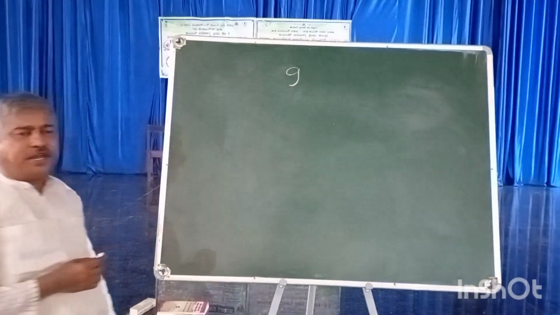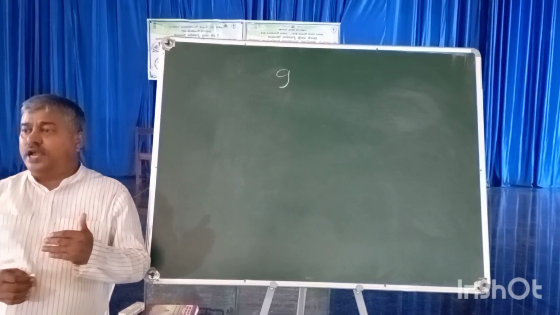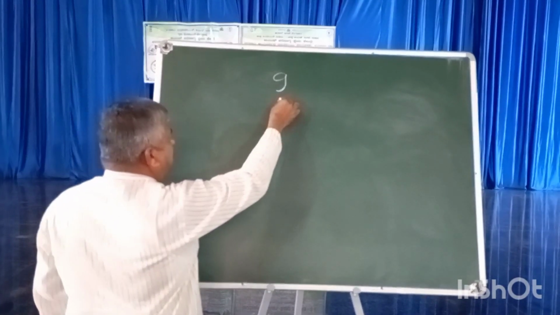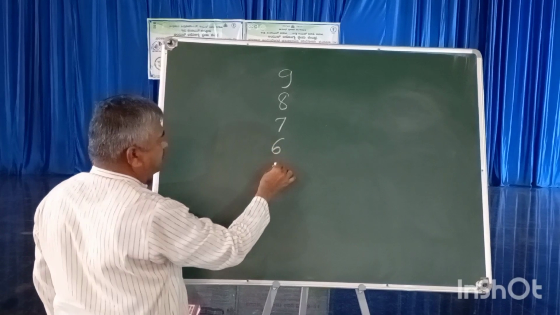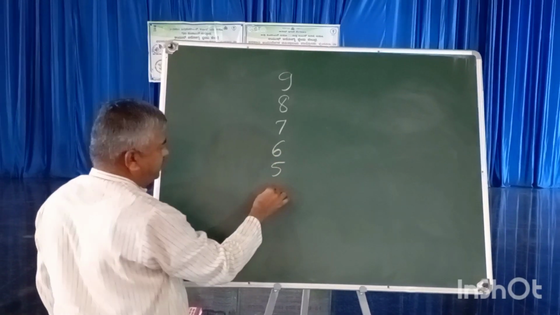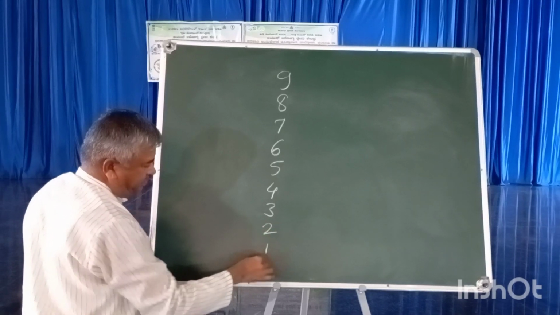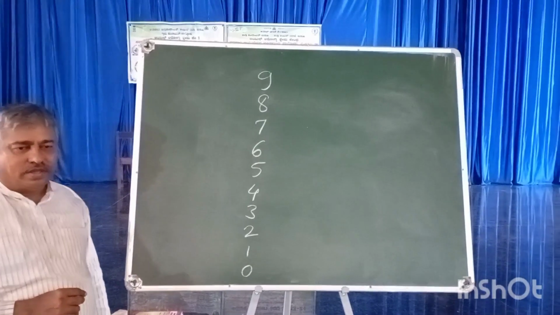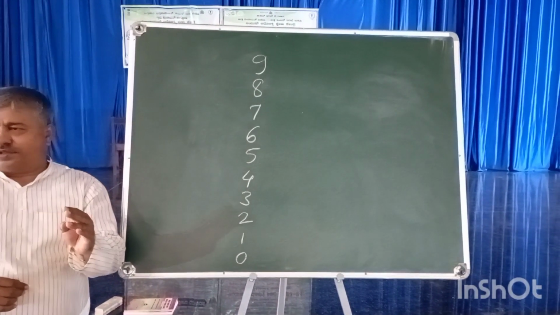Go on writing 9 in a descending order, 9 to 0. Is it right? Yes, sir. 9, 8, 7, 6, 5, 4, 3, 2, 1, 0. Is it clear? It's 9 to 0 in a descending order.